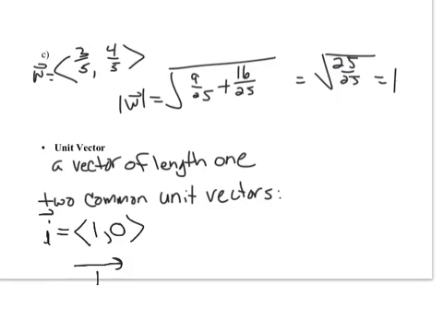Vector j is the other special vector. Vector j points completely in the y direction, so its components are 0, 1. And a lot of times we use these two vectors. Instead of using the brackets, we actually attach a magnitude next to these vectors to indicate the x direction and the y direction. They're now the i and j directions.